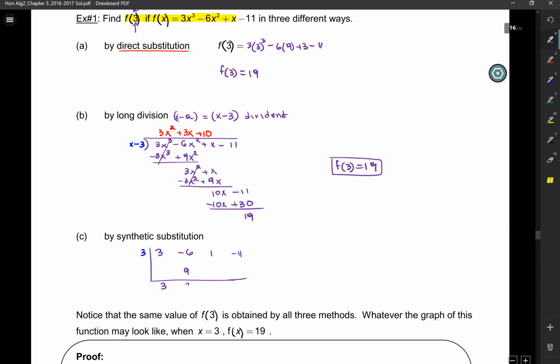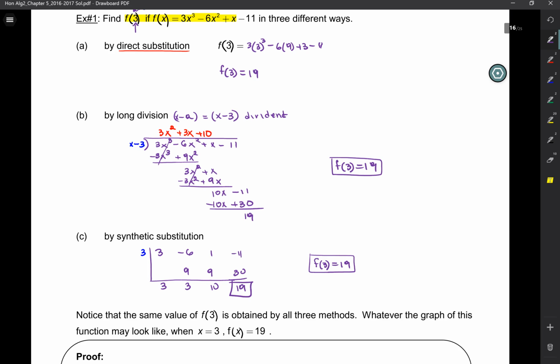I have 9, 3, 9, 10, right? And what do I have here? 30, 19. That's my remainder. So f of 3 is equal to 19. Okay? Three different ways. We get 19 for all of them.